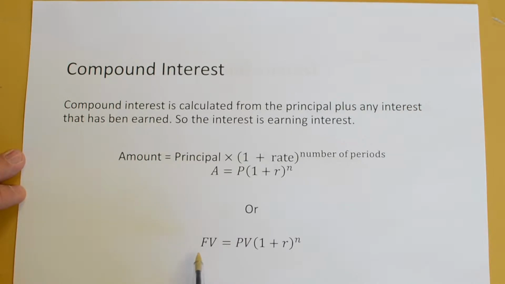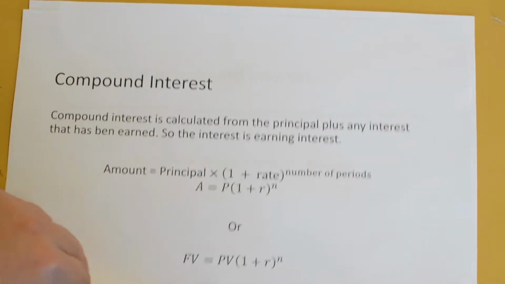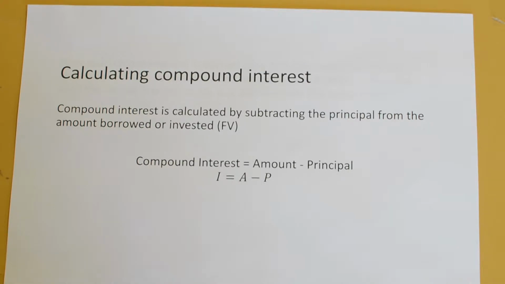So your future value of your investment or loan is going to be your present value, which is your principal, multiplied by that 1 plus r to the n. So when you're calculating your compound interest, that's not the total amount, this is just the interest. We look at the amount, take away the principal, or in other words, the future value subtracting the present value.